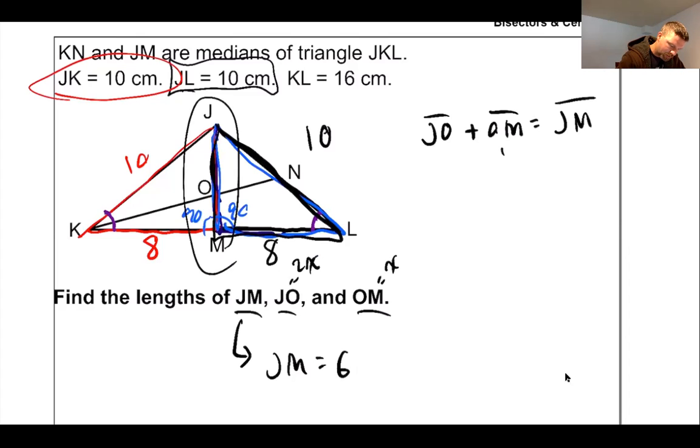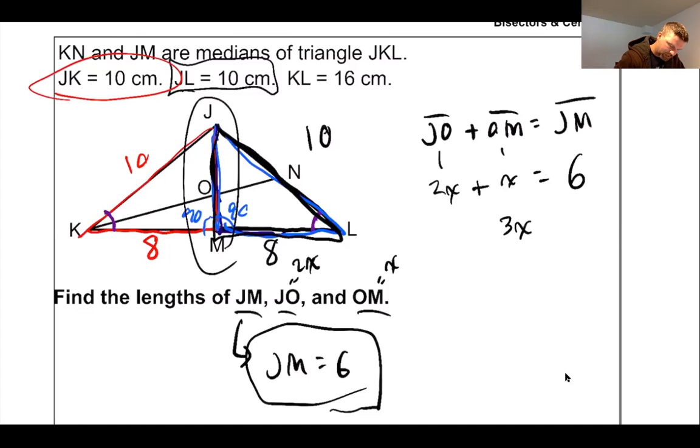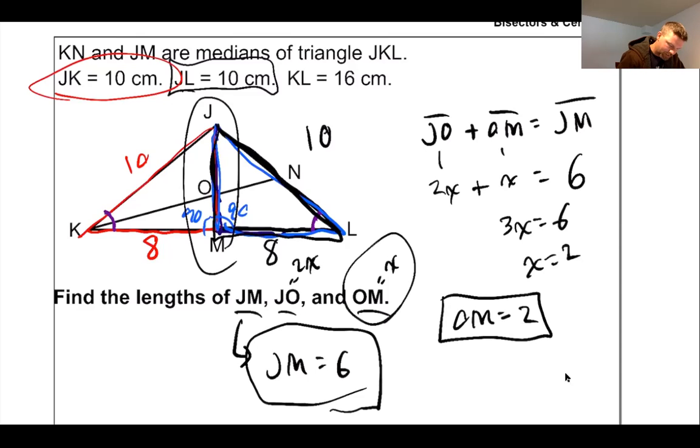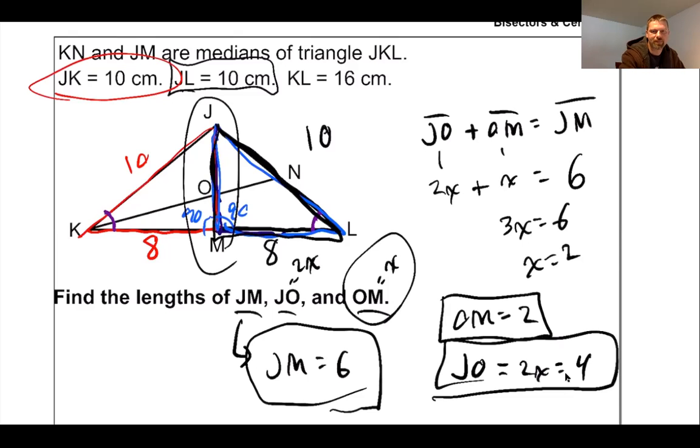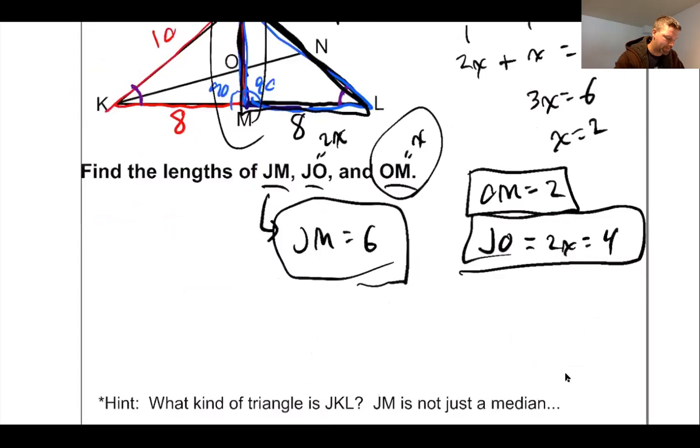Well, I called OM X, and JO would be the longer one, 2X. JM I found was 6. So 3X equals 6, so X equals 2, which means OM must be 2, because OM was equal to X, and JO, which was equal to 2X, must be 4. There it is.